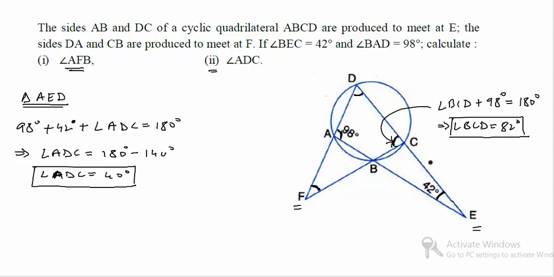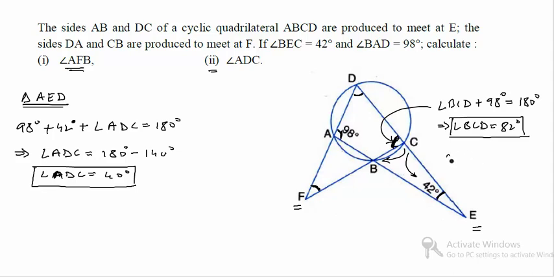Let us remember this. What else can you observe? If you try to see just the triangle BEC, then for this triangle BEC, your angle which you just found, angle BCD becomes the exterior angle, which is equal to the sum of interior opposite angles, right?